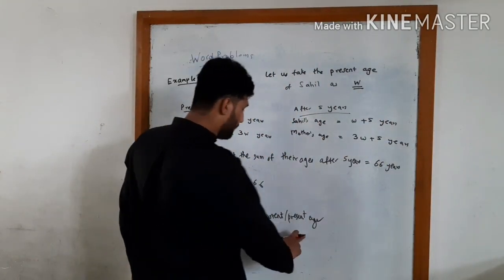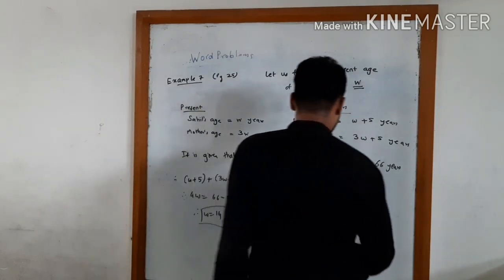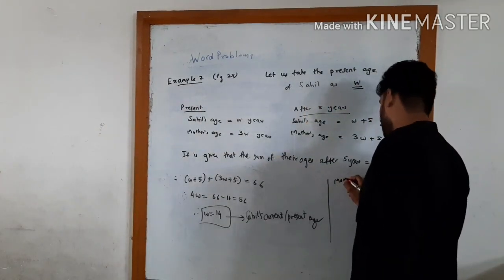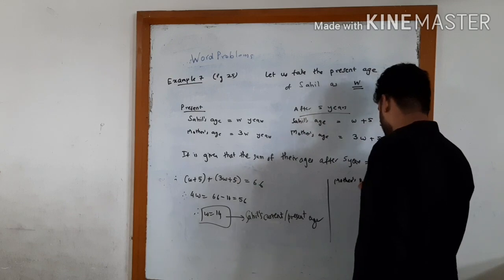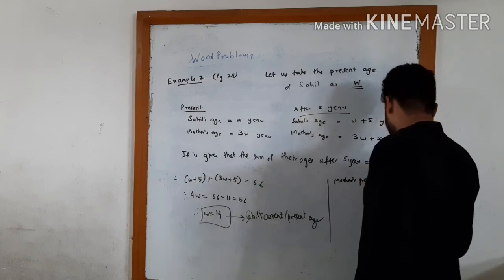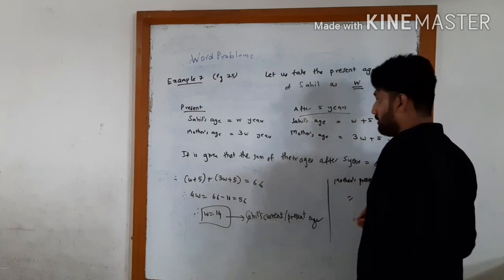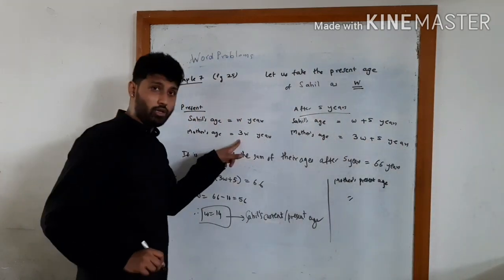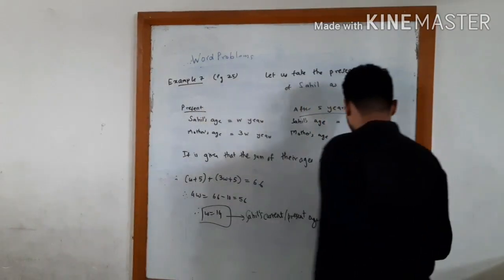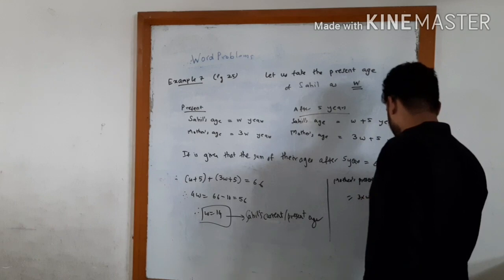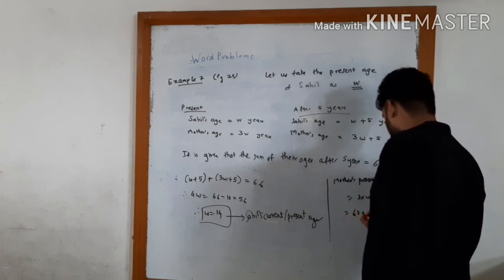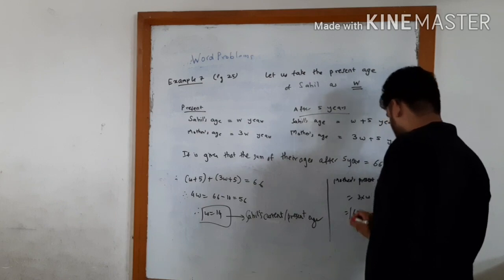So Sahil's present age is 14 years, right? And mother's present age is 3 into W years. So 3 into W is 3 into 14, which is 42 years.